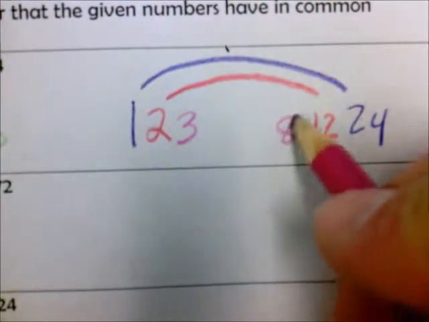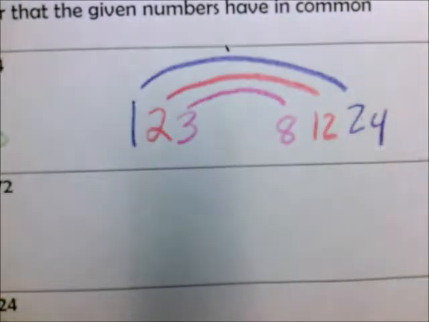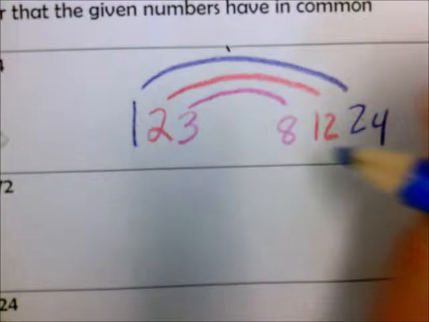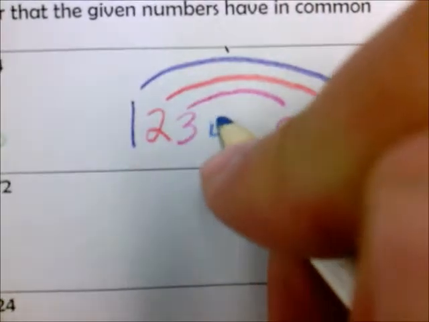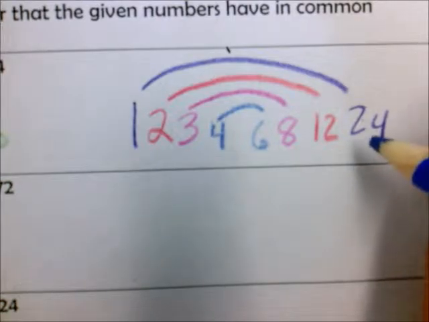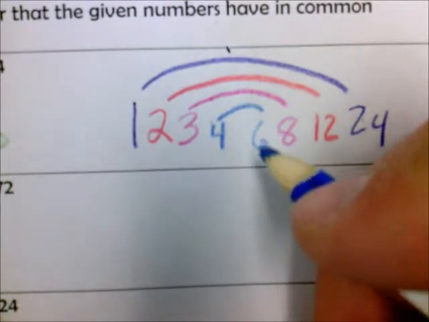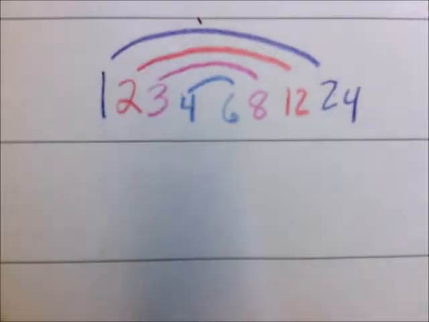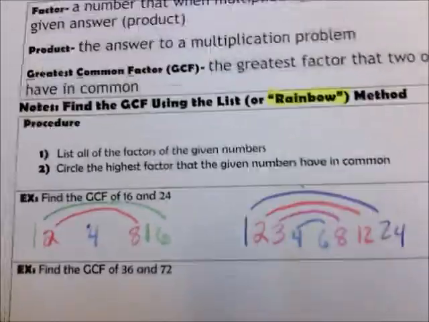It goes in there 8 times. Alright. And then I go, does 4 go in there? Again, 4 does, 6 times. Does 5 go in there? No. Does 6 go in there? Yes, and I've used it already, so that tells me I am done. I've repeated my numbers. So I've listed all the factors for both of my problems, for 16 and 24.